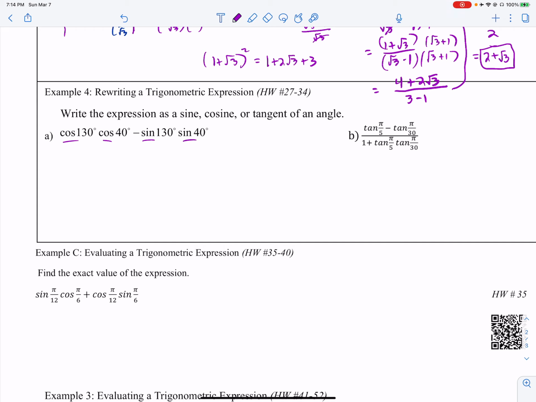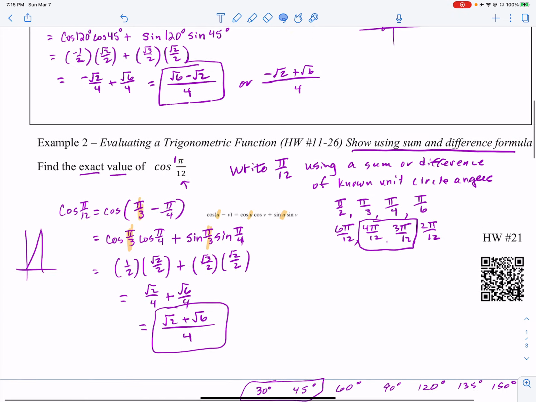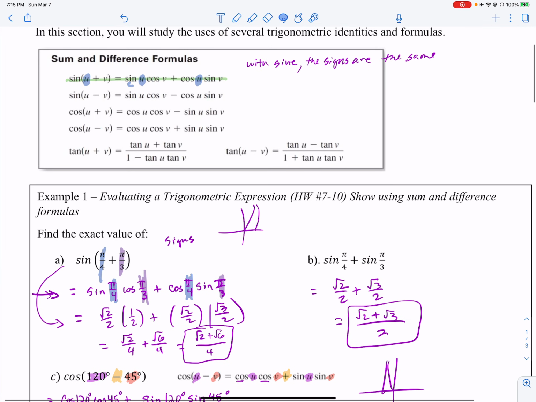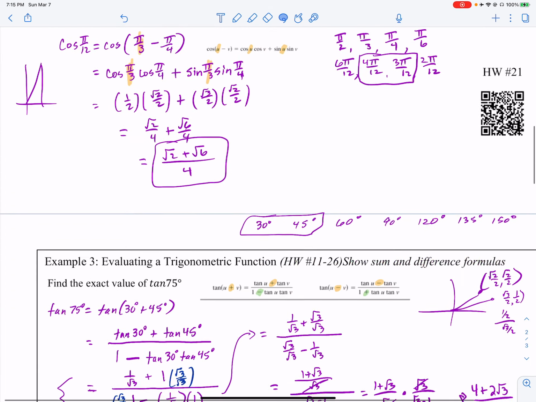I'm like, oh, that reminds me of some different formulas. The ones that use cosine, cosine together and sine, sine are the cosine ones. So I'm going to go back and grab those cosine ones and see if I can compare them and figure out which one it is. But I have to recognize, hey, those are those cosine ones.